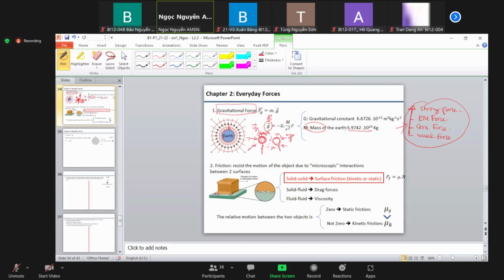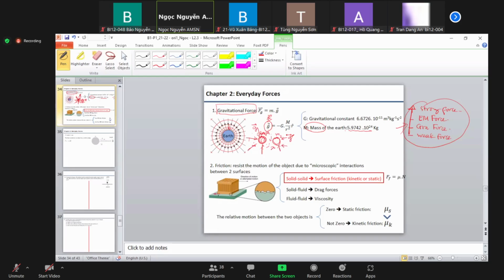And here is the distance from the center of the mass to the point you are considering. For example, I consider the G field at this point, due to the Earth. So R will be from the center of the Earth to the point you are considering.